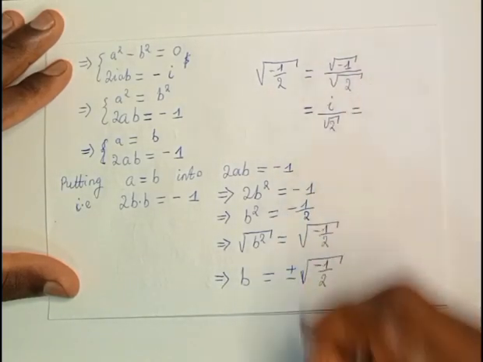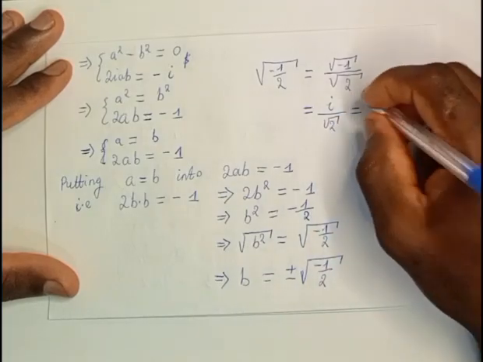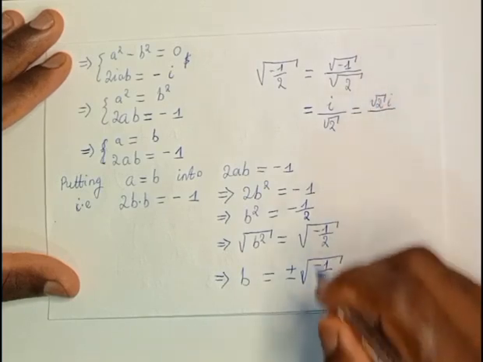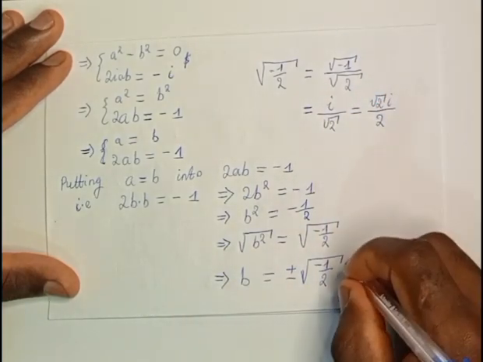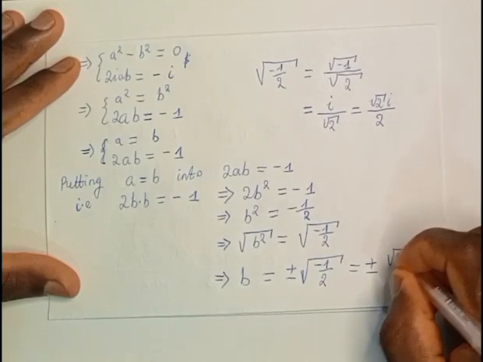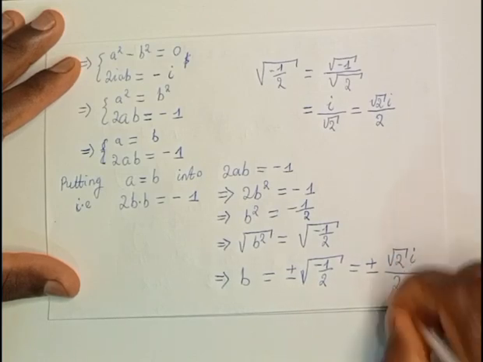Rationalizing the denominator, that is multiplying both the numerator and the denominator by the square root of 2, this will give us root 2 i over root 2 times root 2, which gives 2. So this will simply be equal to plus or minus the square root of 2 i all over 2.